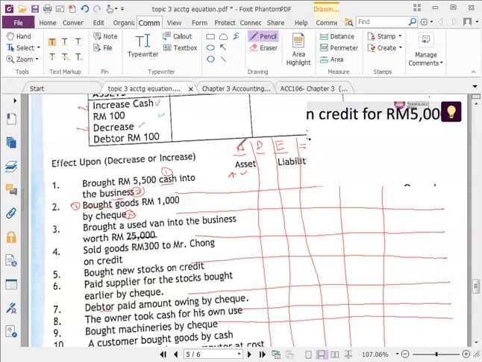Purchases will affect what element under the expanded accounting equation? Yes, that's right. Okay, Atika, very good. Purchases is under expenses. So our expenses is affected. Is our expenses increase or decrease?